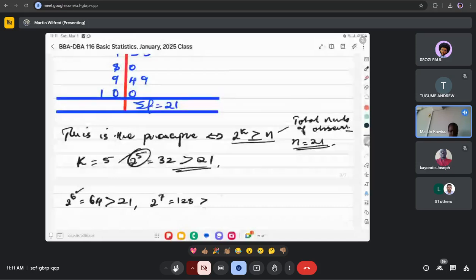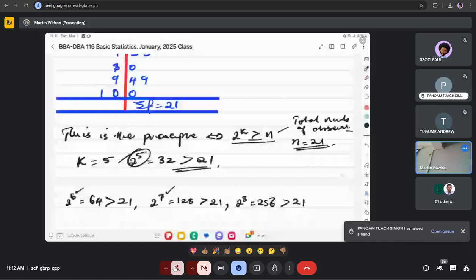So 7 can also be k. 2 to the power 8 is 256. This also is greater than 21. So let me see which group gives us our classes, because we need to record all our information without leaving out any. Okay, so that's how we determine the number of classes.